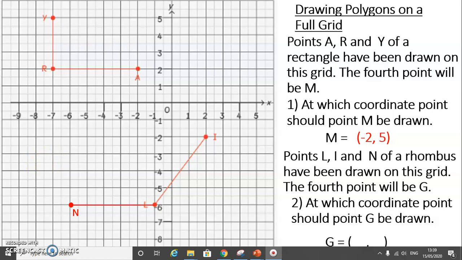It is 1, 2, 3, 4, 5 squares. So let's find I over here and let's count 1, 2, 3, 4, 5 squares along, and then let's write that coordinate. Starting from 0, we're going to go along the corridor to -3 and then down the stairs to -2.